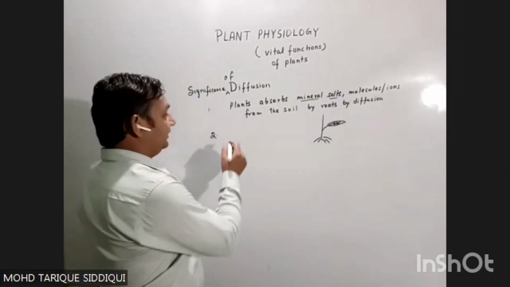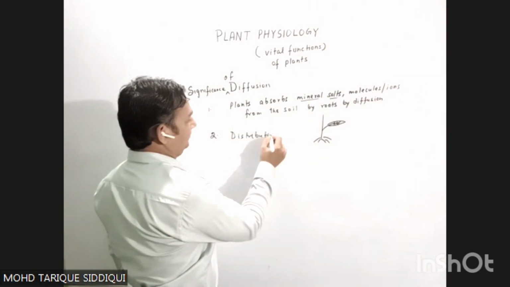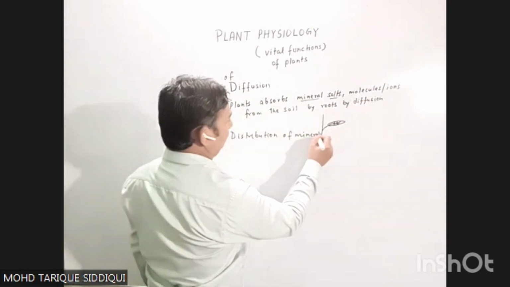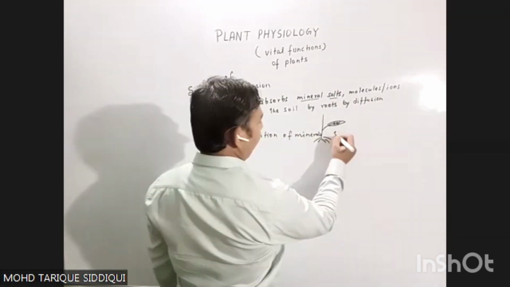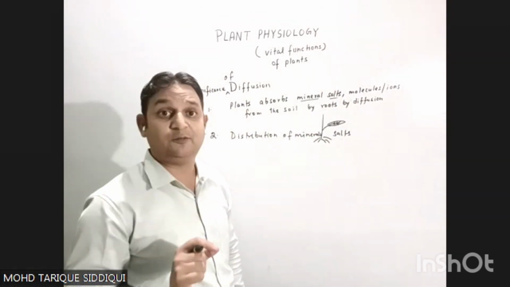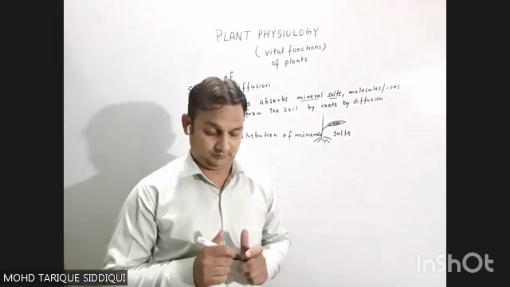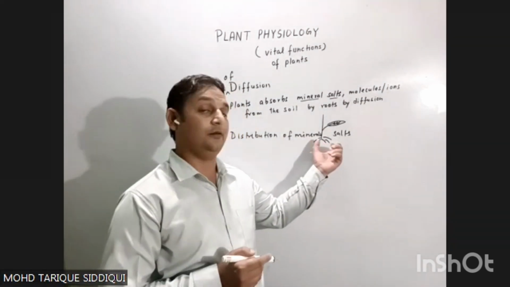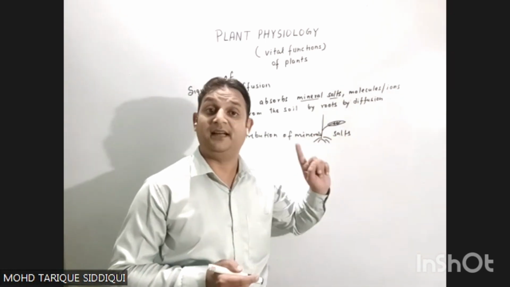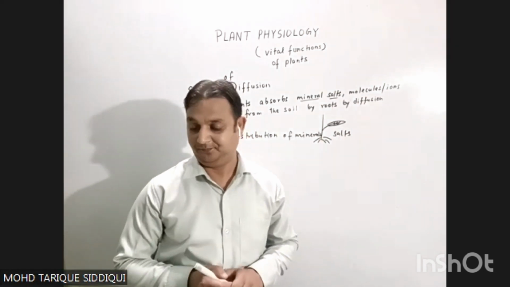Second significance, distribution of minerals. Distribution of mineral salts from cell to cell in the entire plant body takes place by diffusion.